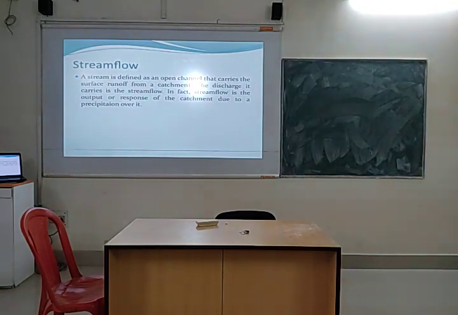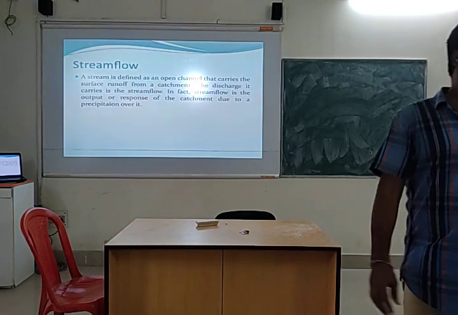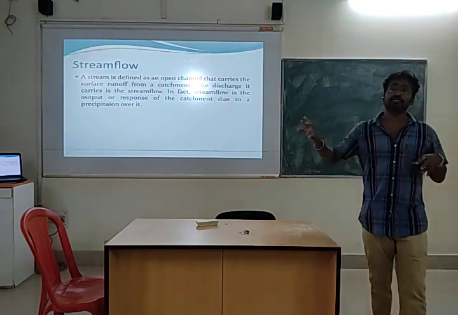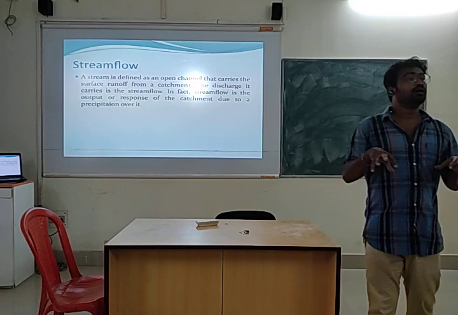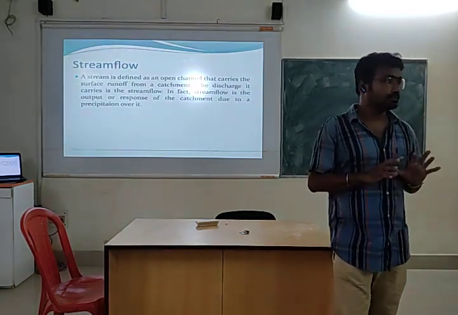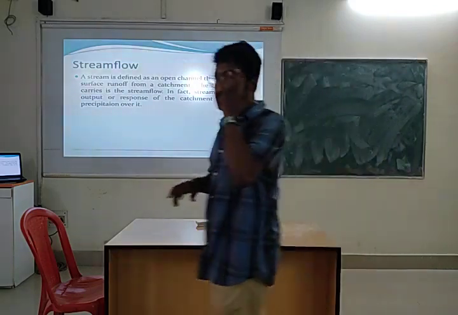In fact, stream flow is the output or response of the catchment due to a precipitation over it, right? So basically, stream flow is the response to a precipitation in a particular catchment area.